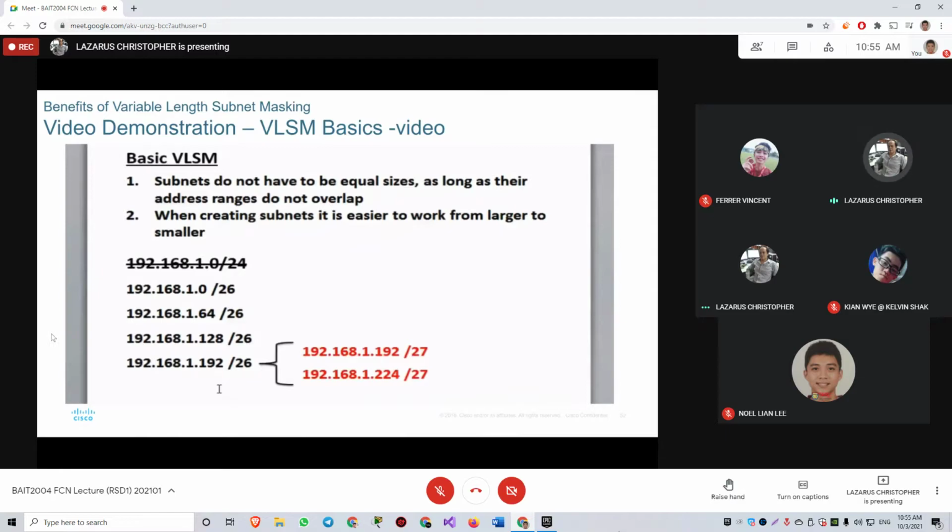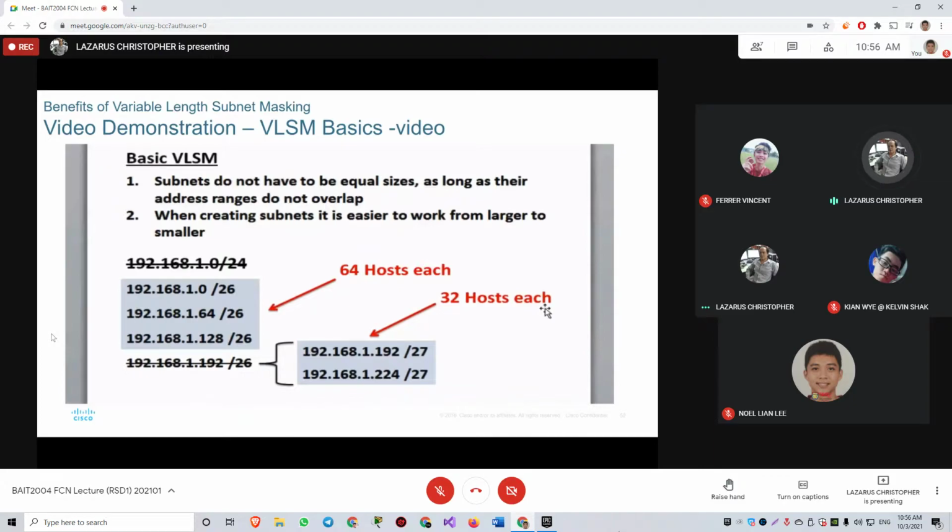What I can do is I can say, instead of having this subnet /26, what if I take that address space and divide it into 2 smaller subnets, size /27 each? If I do this, I effectively have created 5 subnets. The 3 subnets up here are 64 hosts each, and the 2 new subnets that I created from the 4th subnet are 32 hosts each.